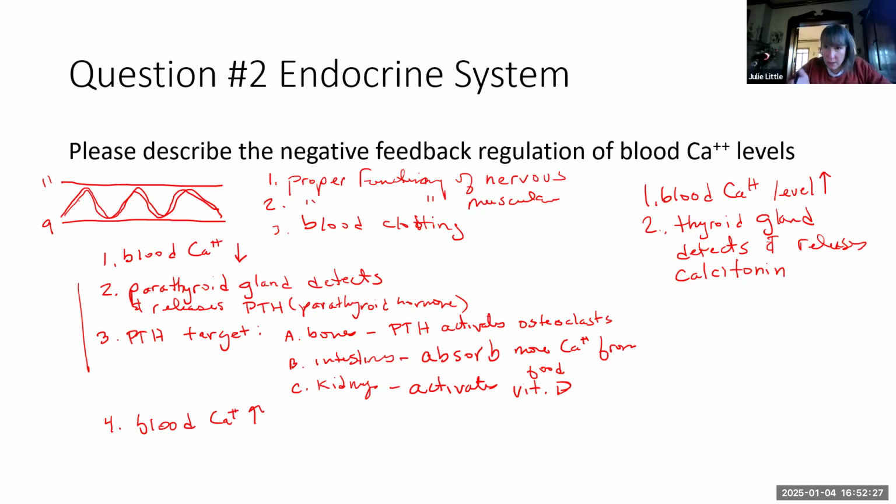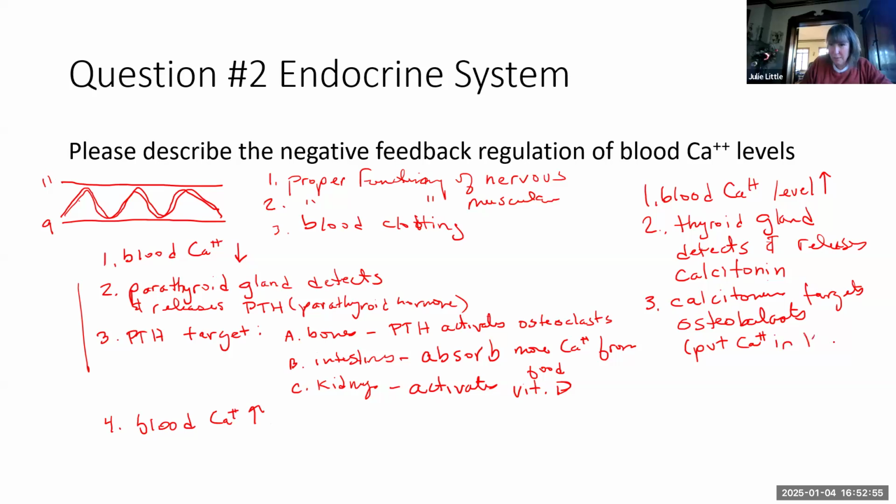And so one place where we could put calcium is in the bone, so it's going to activate different bone cells. Calcitonin targets your osteoblasts to make more bone. That puts the calcium in the bone, there's a delay.